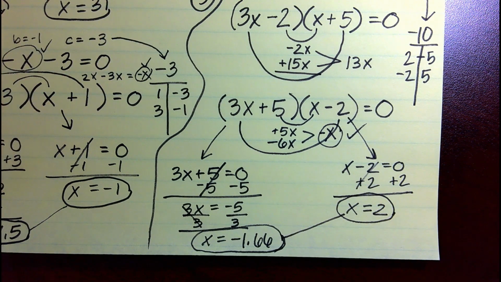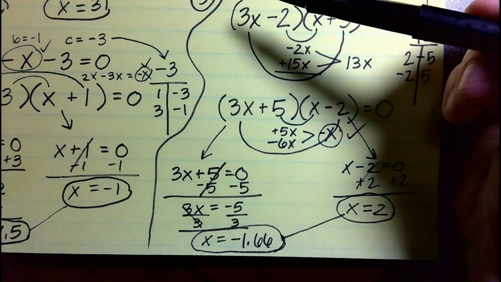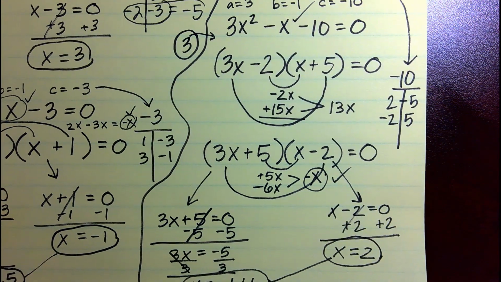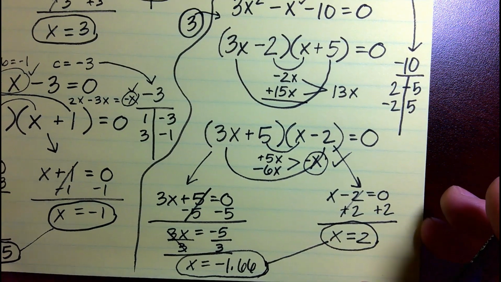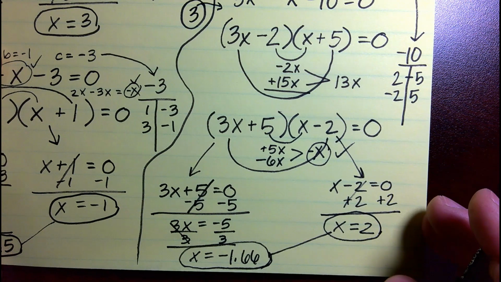I once again forgot to drop down the 3 for your factors here, and I messed up again. I did get x equals negative 1.66, but I got a completely different number.